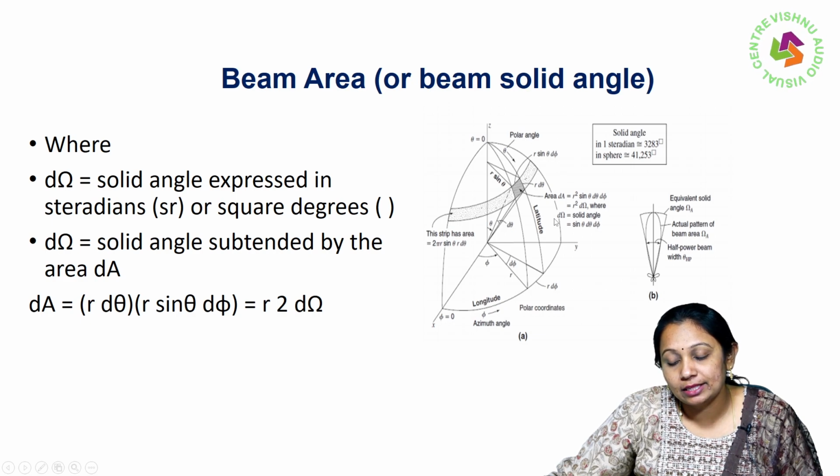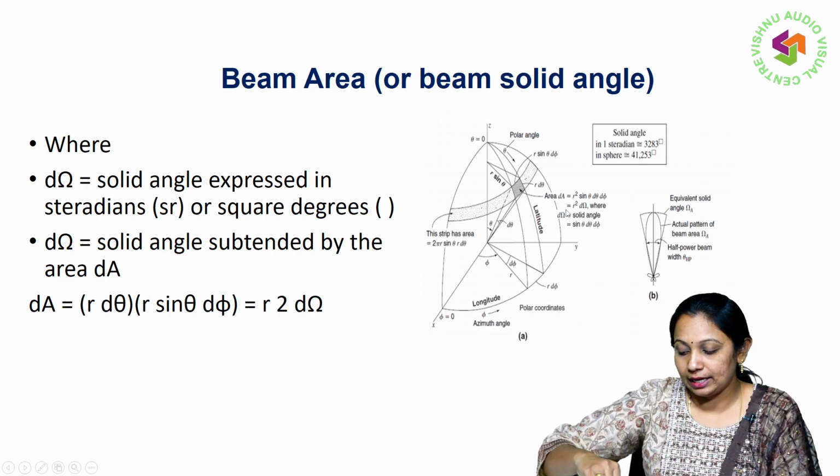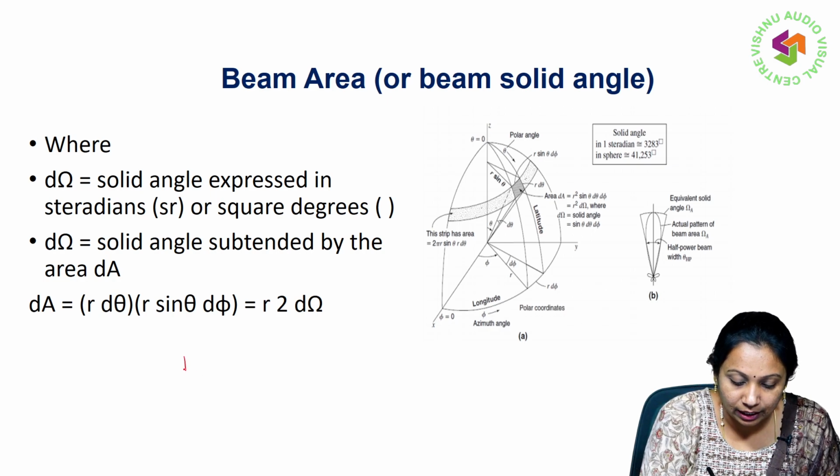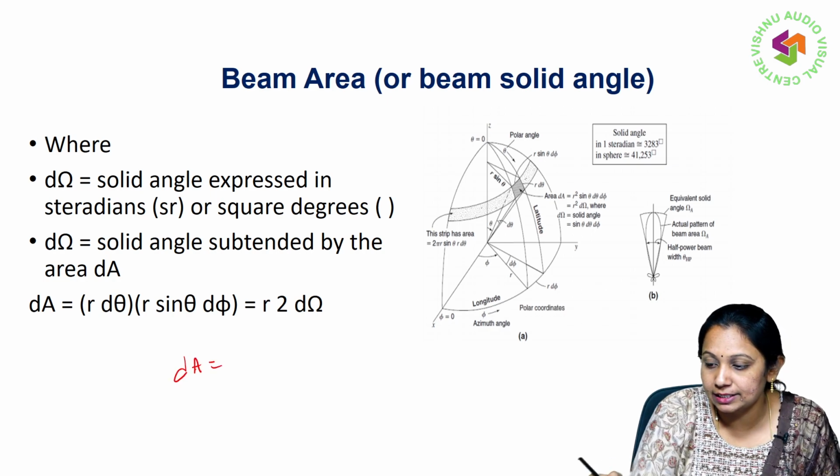From this, dΩ is what we call the solid angle. It is nothing but sin θ dθ dφ, where dA is r² sin θ dθ dφ. If in place of sin θ dθ dφ you replace it with dΩ, the solid angle, then dA is equal to r² dΩ.